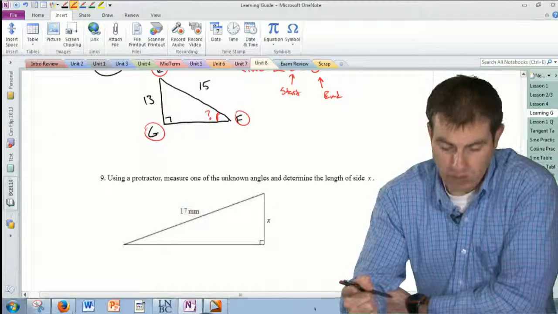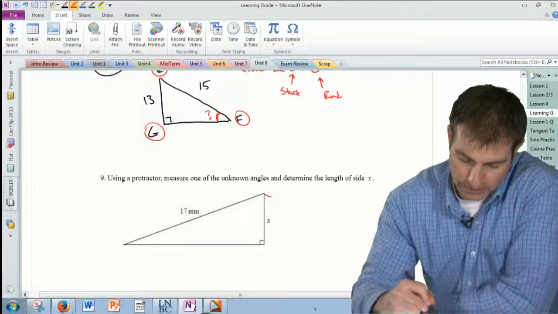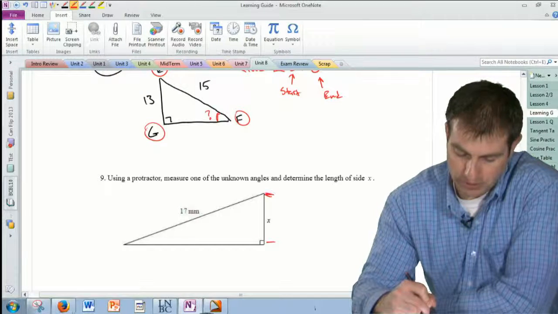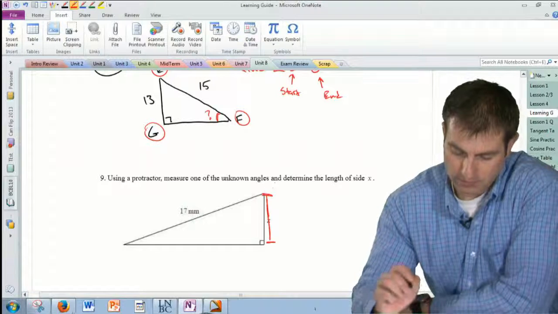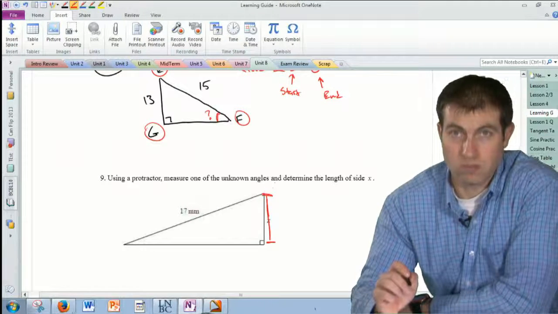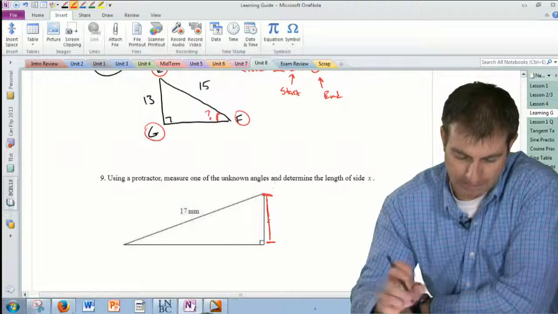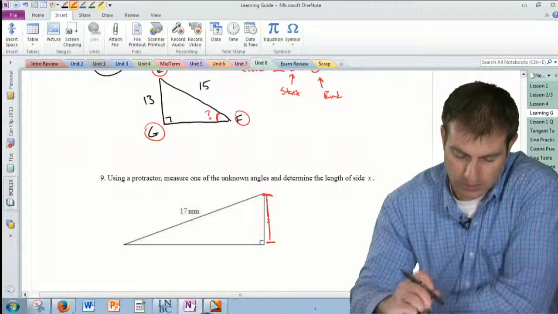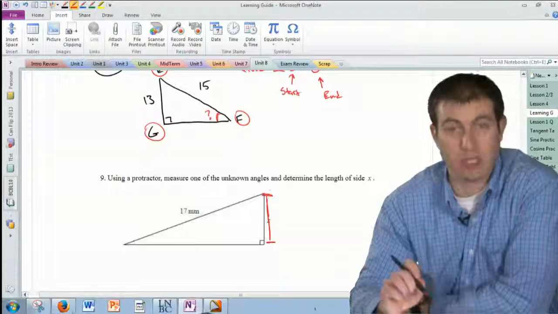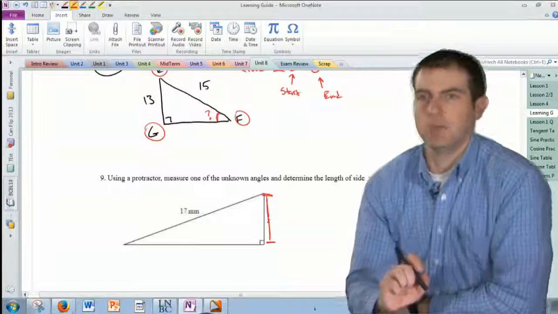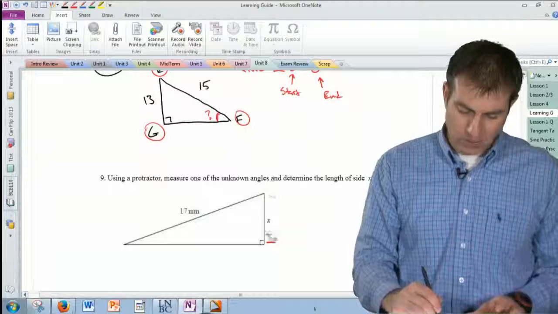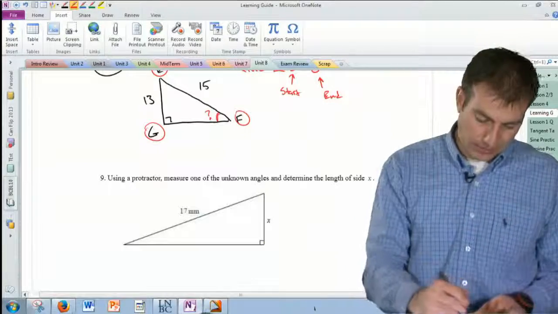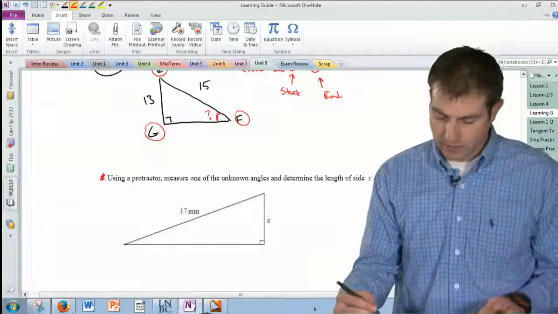We could, however, get a ruler out and measure the length of this side. If we could find out the length of X, then we would be okay. So on an exam, you can use the ruler to measure the length of a side, but you aren't given a protractor, so I don't know why that's in there. It's probably a mistake. You just ignore it for now.